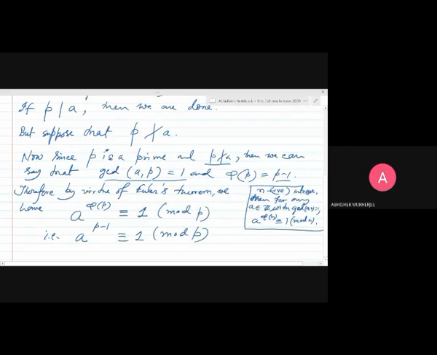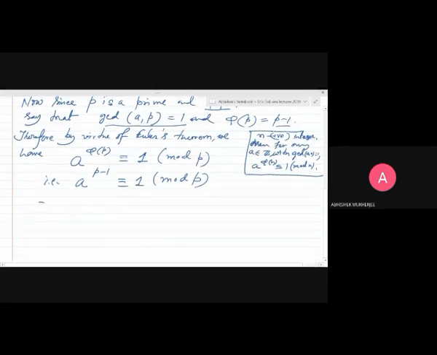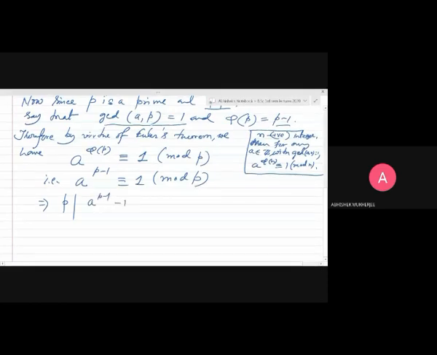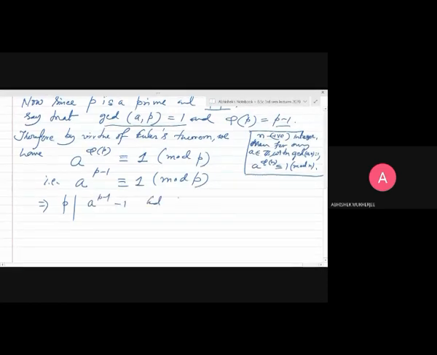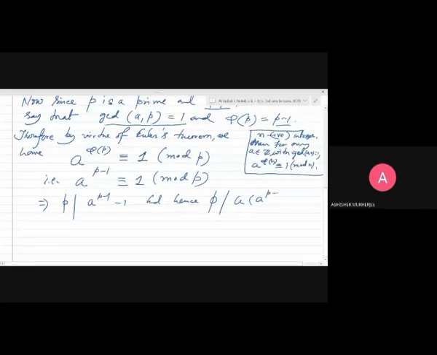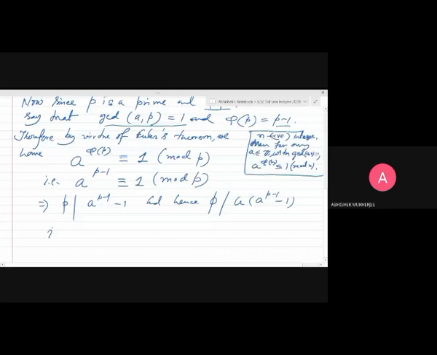And this proves that p divides a to the power p minus 1 minus 1. And hence, p divides a multiplied by a to the power p minus 1 minus 1. That is, p divides a to the power p minus a.